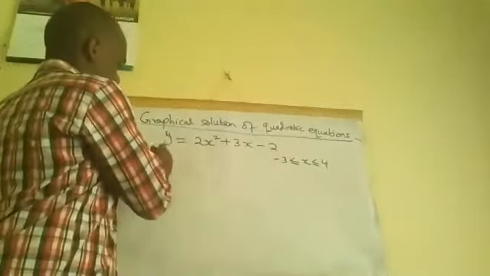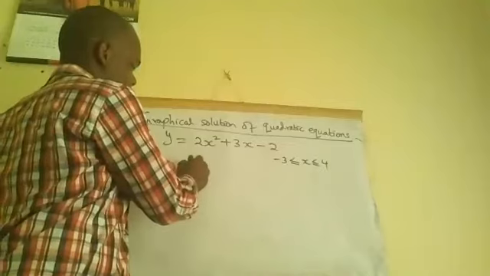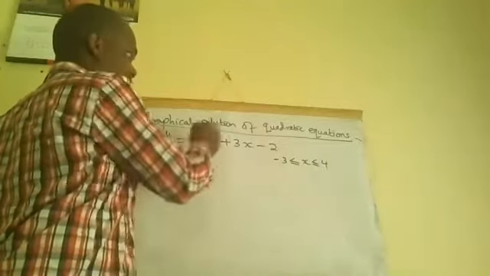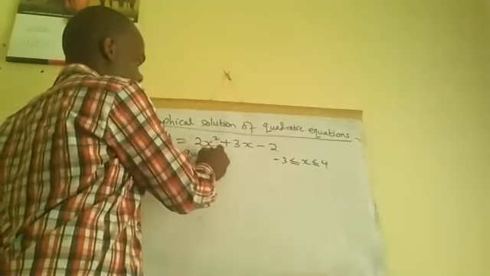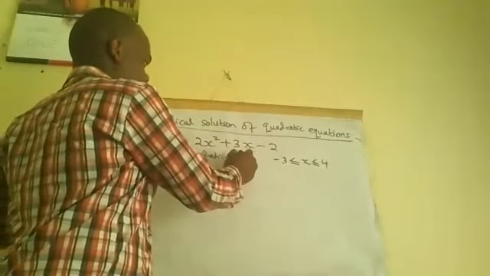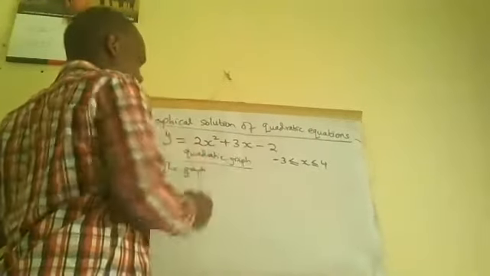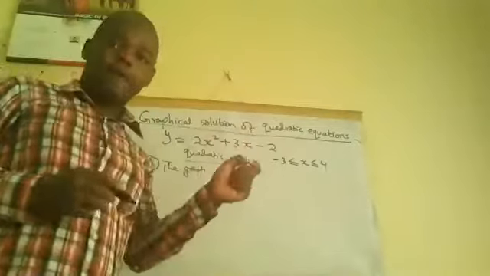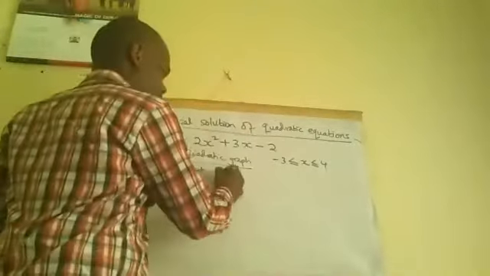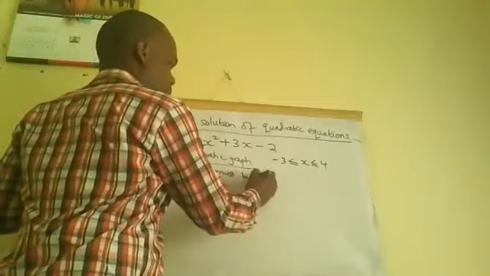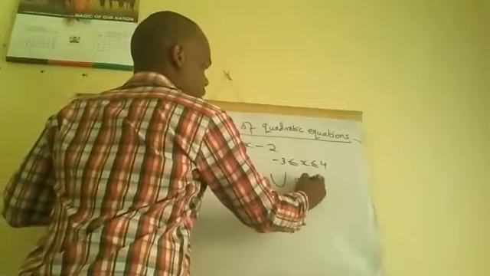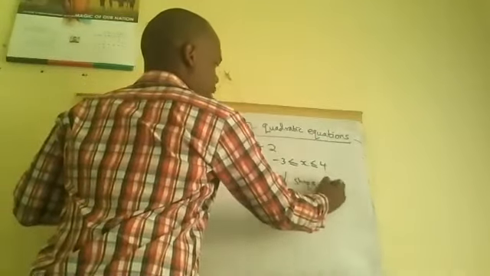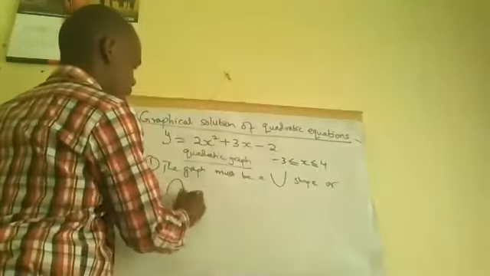the graph must be U-shaped or N-shaped. So write that. Number one, the quadratic graph, I'm talking about the quadratic graph, must be a U-shaped or N-shaped.